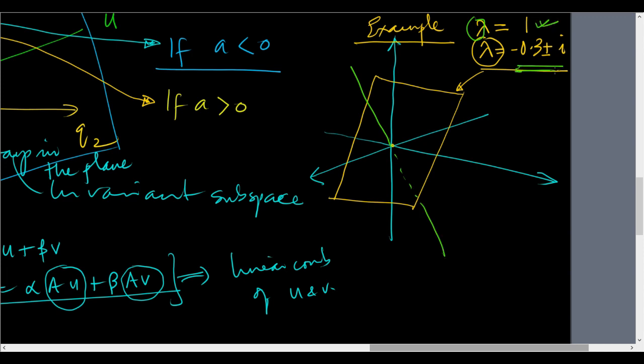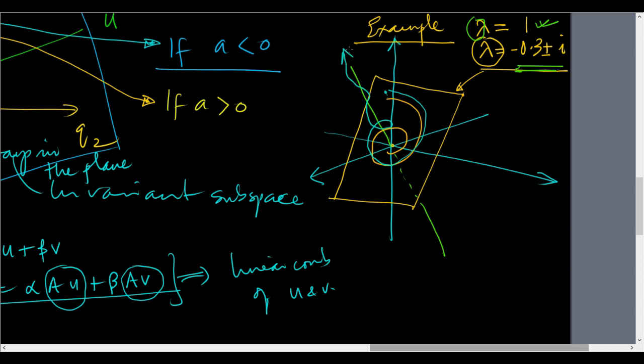Okay, and so if you have an initial condition that is in this plane, then it will spiral in like that. But if you have an initial condition that is a little bit above this plane, then it will be spiraling in, but it will eventually go off in this direction.